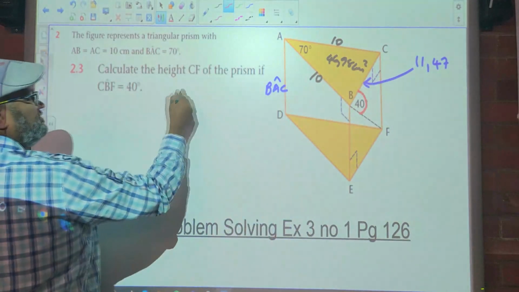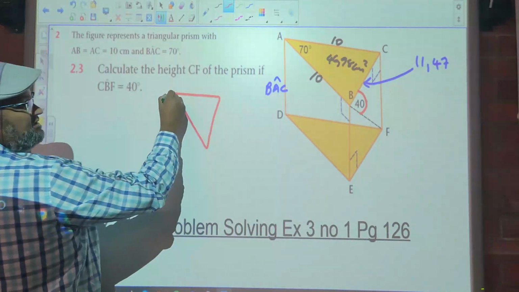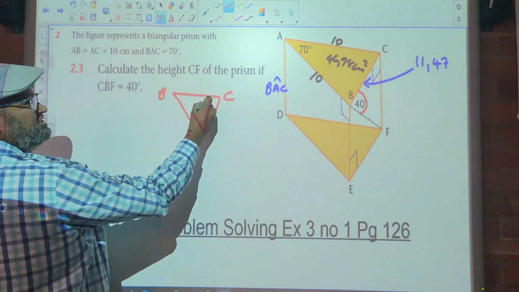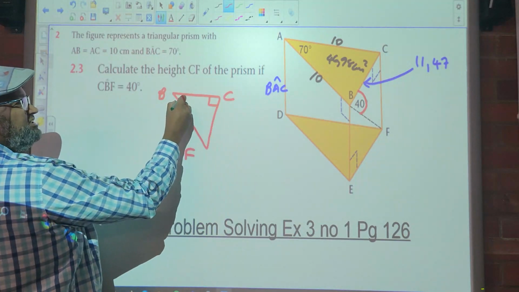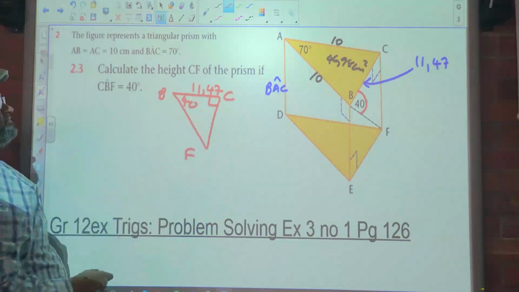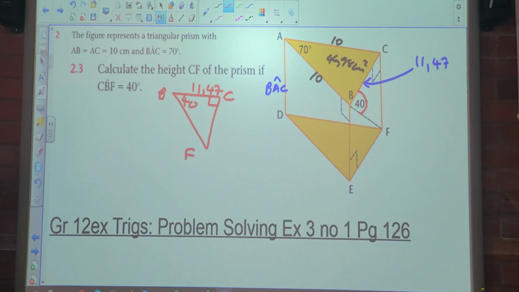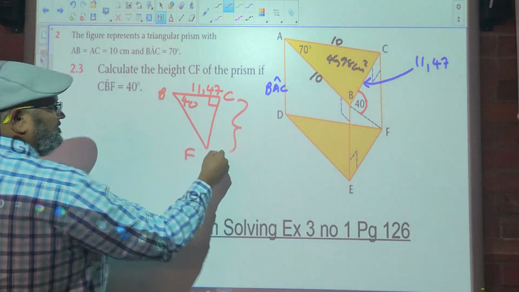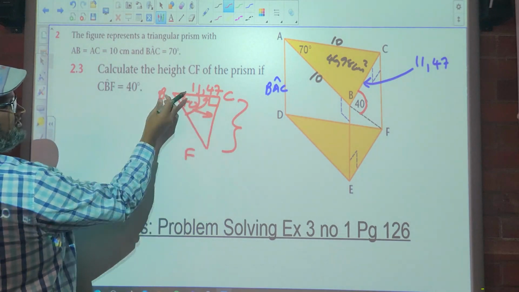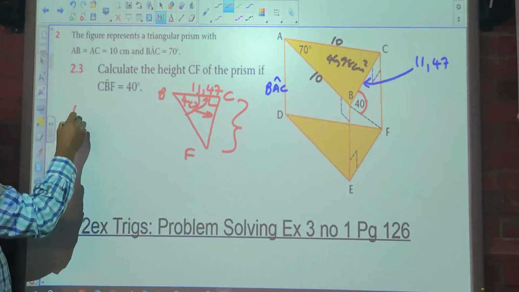So you have a triangle looking like this. So that is BF, C, and this angle is 90, this angle is 40, this length is 11,4. So they want you to calculate CF, not so. So which trigonometric function uses opposite and adjacent, which is tan.